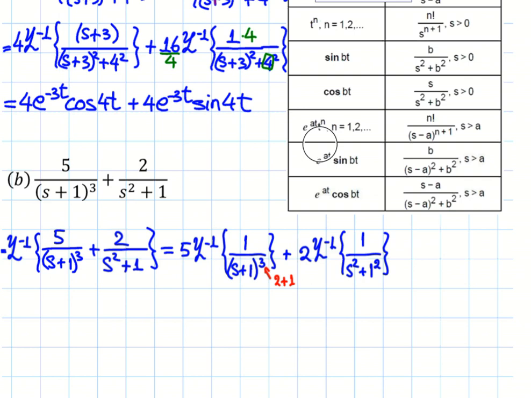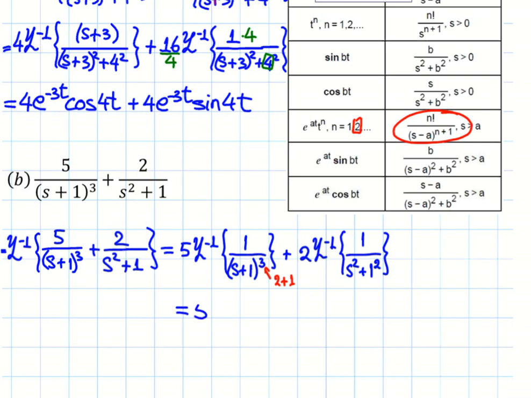What we see is a power of s minus a or s plus a here, and n is going to be equal to 2 because that corresponds to n plus 1 here. And then a is negative 1.